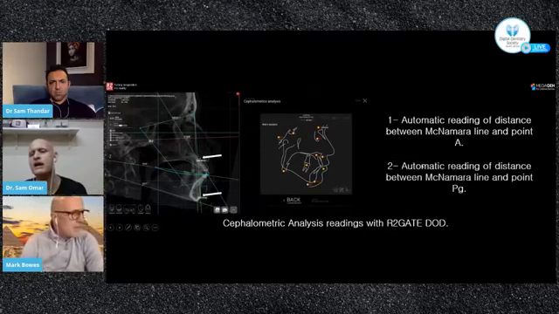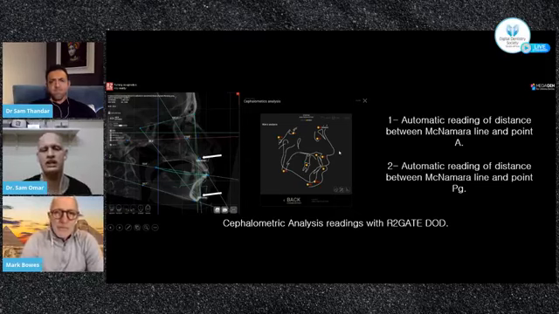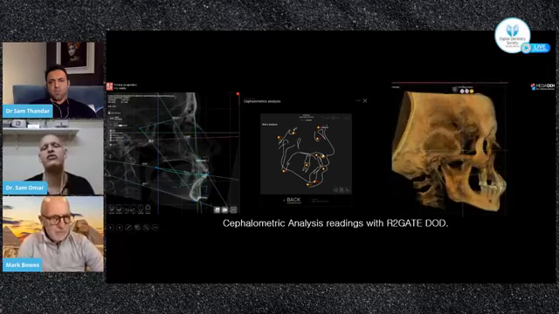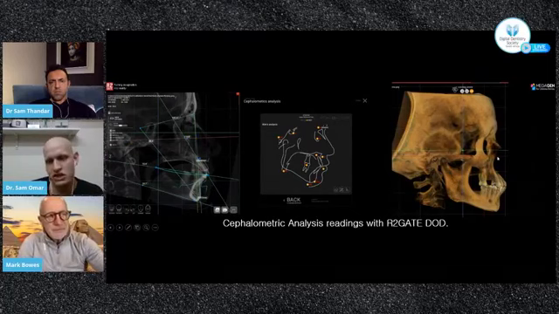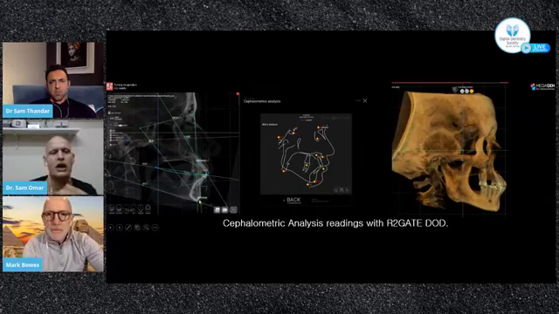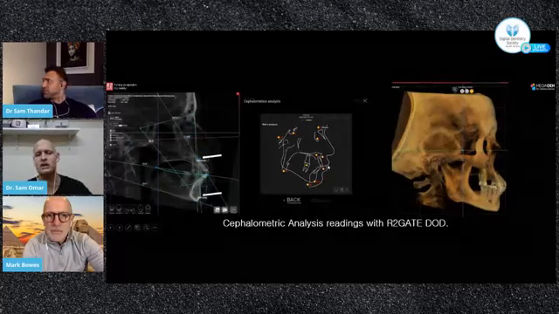And it gives you an automatic reading between McNamara line and PG point, so you know what the skeletal relationship of the mandible is. If we look at this patient on the right side, due to the readings, we have 5 millimeters protrusion on the top and 4 millimeters protrusion on the bottom. So this patient, as we can see here, has bimaxillary protrusion. It's really important for us to know this information. That's the first thing that we need to know.